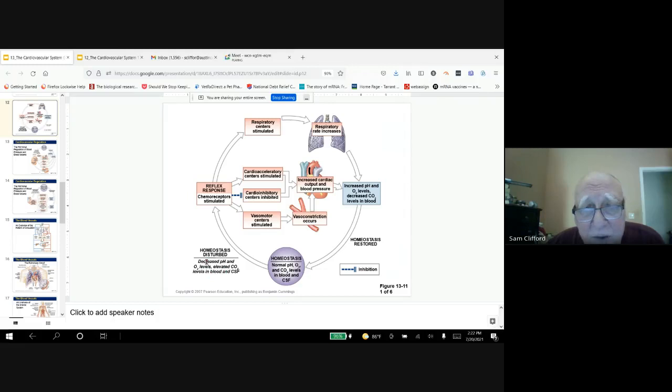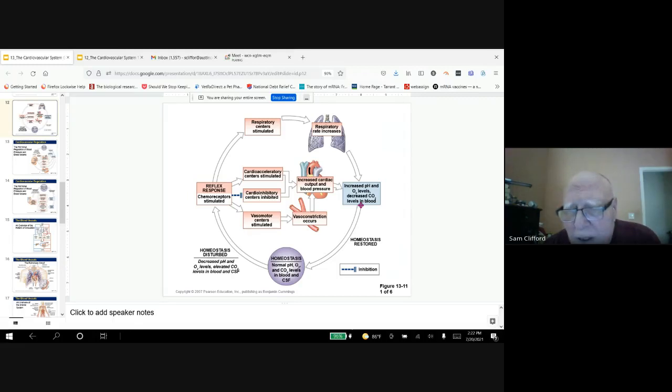These changes will be sensed by these receptors, and you're going to have the heart accelerated, inhibition is reduced, and centers in the brain are going to affect vasoconstriction. When you have increased vasoconstriction, the blood pressure goes up and the cardiac output goes up. That's going to lead to increased pH because you get rid of CO2, the pH is going to go up.